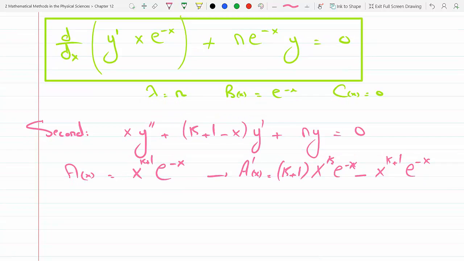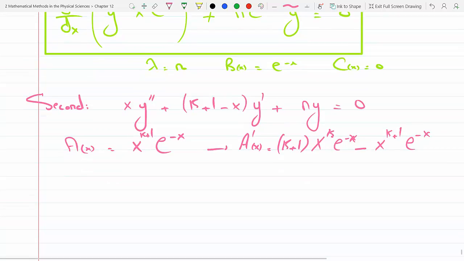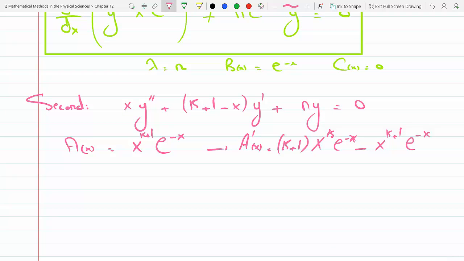Okay, because this exponential ultimately disappears, and the x term for the y prime should only be x, right? So now that means I would need to multiply this original differential equation by x to the k such that I would get k plus 1 and e to the minus x.